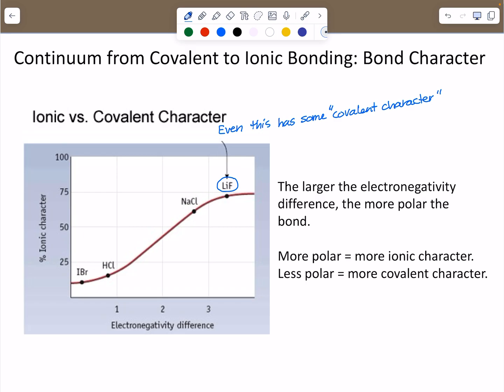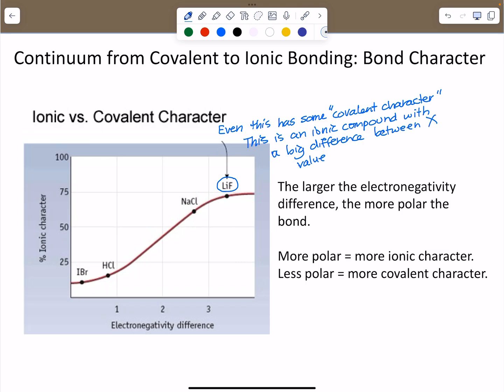So we'll just say this is an ionic compound, with a big difference between the chi values, or the Xi values, of lithium and fluorine.